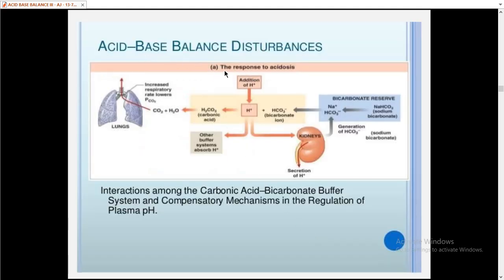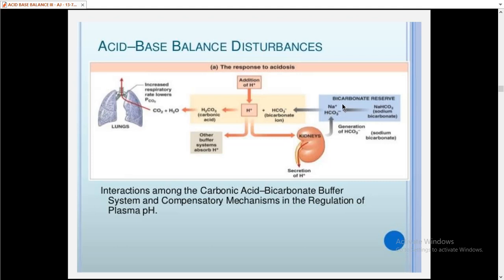This is the acid base disturbance seen in the case of acidosis. What happens here is increased production of hydrogen ions continuously adding from the catabolism, and this can either combine with bicarbonate and form carbonic acid, then water and carbon dioxide, and be exhaled out, or this hydrogen ion can enter the kidneys and the kidneys will secrete hydrogen ions.